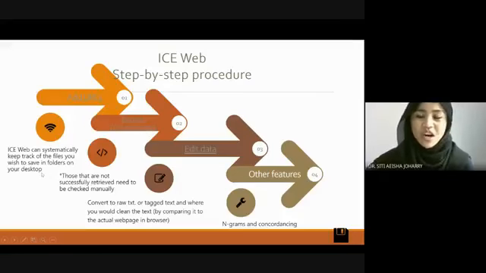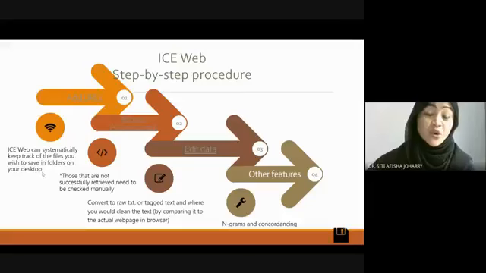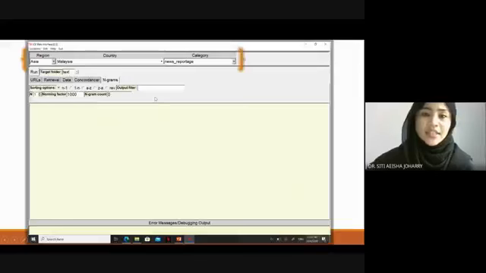I will reiterate what Dr. Mazura presented earlier on Lancaster's tips for building corpora, and one of them is to save text in separate files and keep notes or the metadata of your corpus, and IceWeb can do that. Here is the interface of what you would see after you download the IceWeb tool.